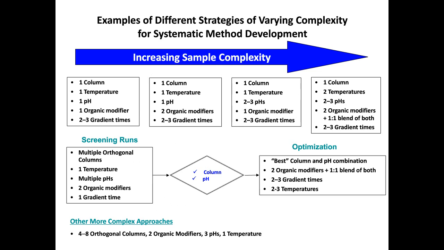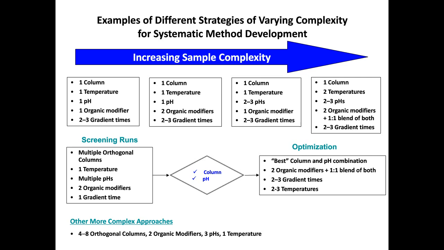Here I present in this slide an example of how different levels of sample complexity will dictate how to approach the problem of developing a separation. For simple samples, you can possibly work with a single column, a single temperature, a single pH, and a single organic modifier, and maybe choose 2 or 3 gradient times and use an iterative approach by changing the gradient time or the starting and ending points to develop a separation.